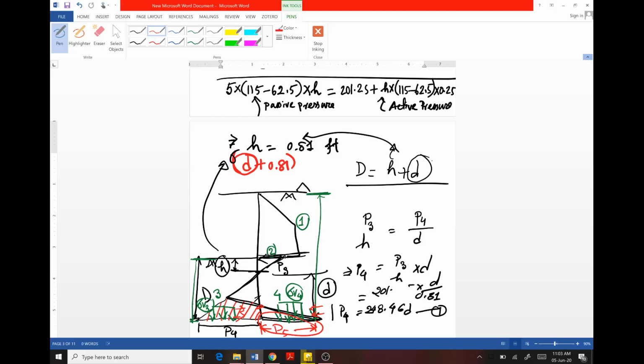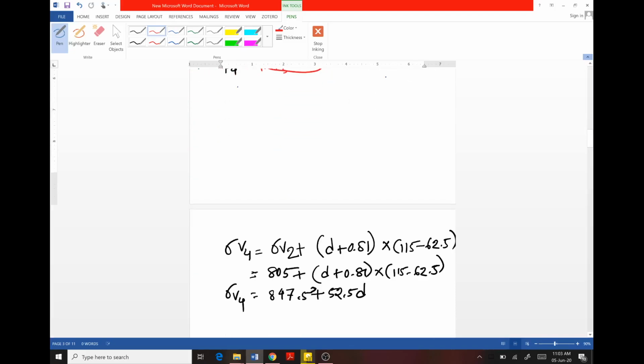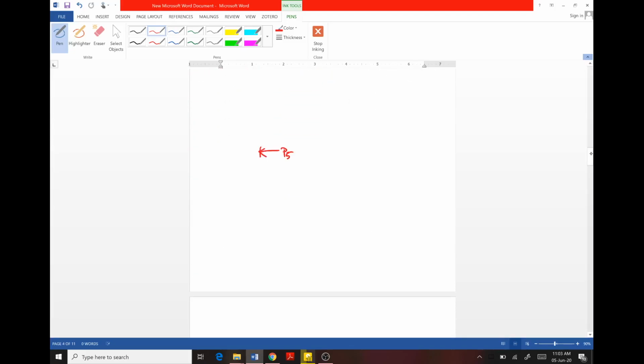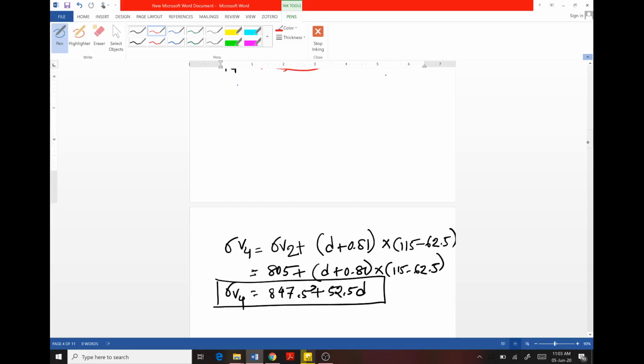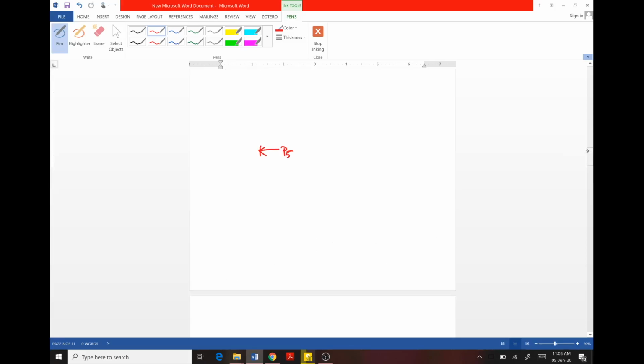So P5 will be equal to sigma V4 Kp2 minus sigma V3 into Ka2.